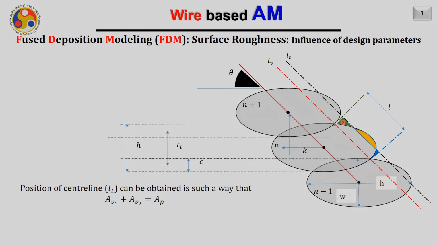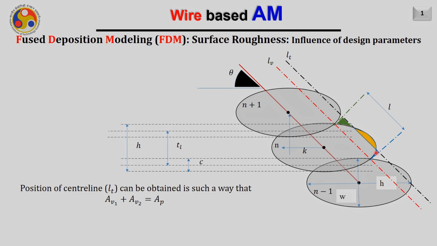For example, this green color area is the area bounded between the green color line, the black color line, and this elliptical curve corresponding to the bead cross section deposited on the nth layer. Similarly, this yellow color area is the area bounded between this elliptical curve on the top, the elliptical curve corresponding to the nth deposited bead cross section, and this black color line.